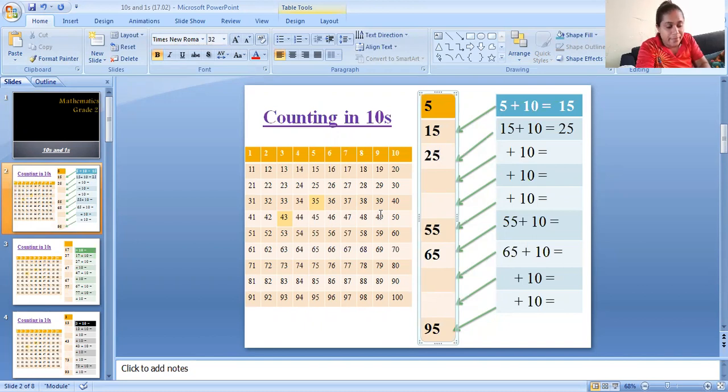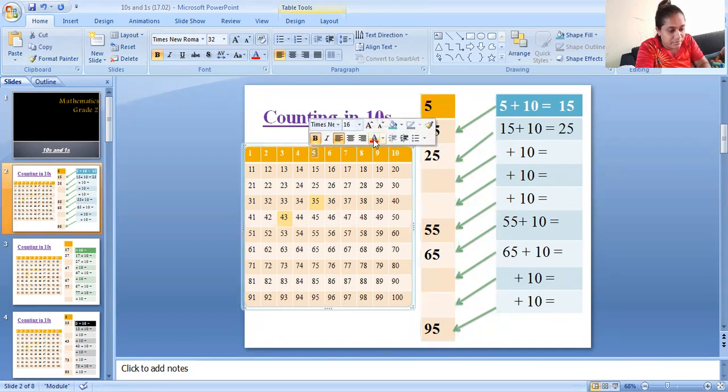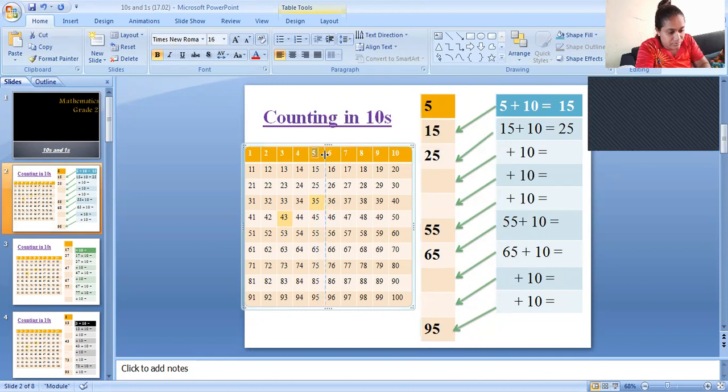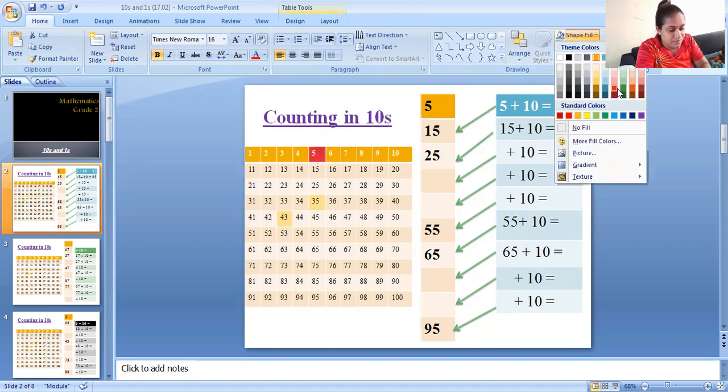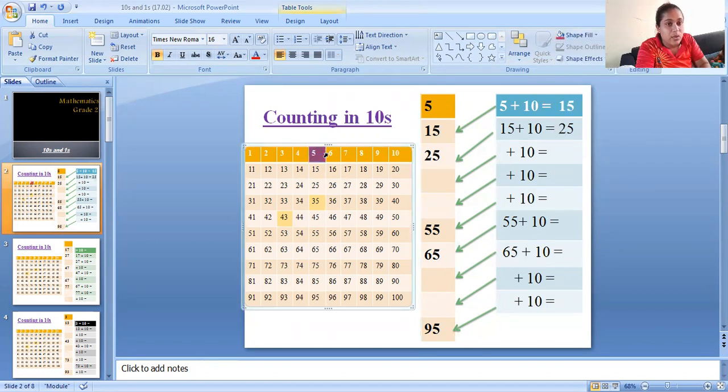Let's see how it happens. Now first I need 5. I will put a mark on number 5. I will change its color. Here this is 5. Now I want to add 10 more to this 5.